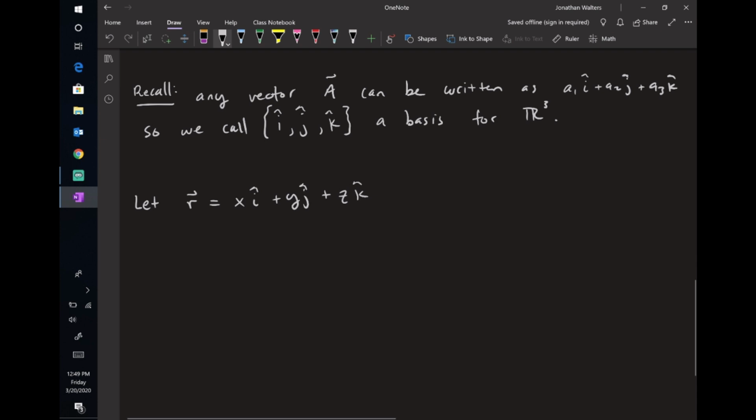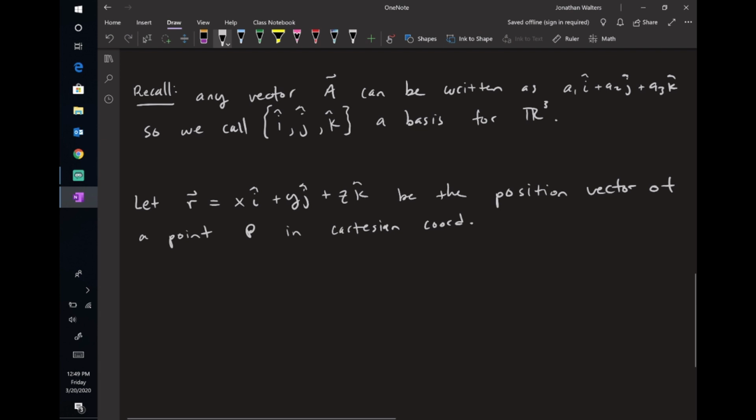So let R be the position vector of a point, we'll call it P, in Cartesian coordinates. So we're using Cartesian coordinates to describe the location of this point.